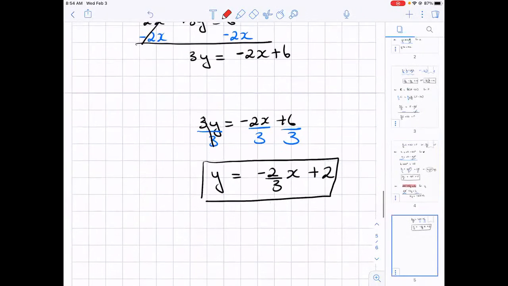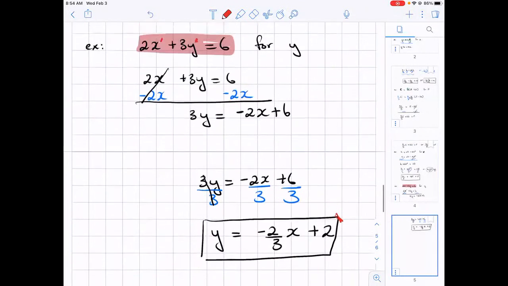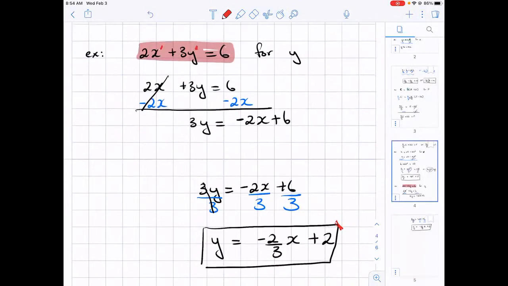Or it could be put in the form y equal mx plus b as we did here. So you can tell the slope and you can tell the y-intercept. But we will talk more about this when we get to linear equations and graphing linear equations, which is the next chapter. Okay?